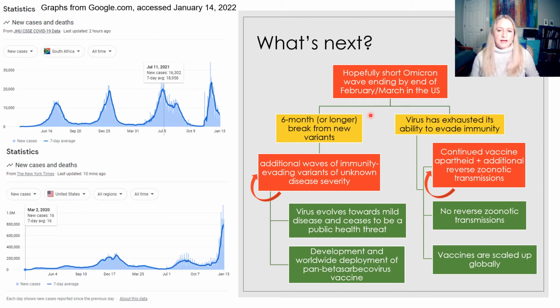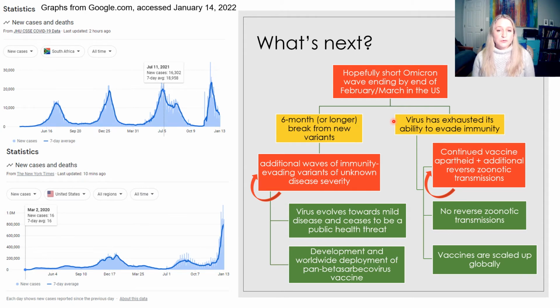So I think that there are some different possible futures that could come out depending on biology and depending on public health response. So let's look at the best case scenario first. Some people have speculated that Omicron may be the last variant.